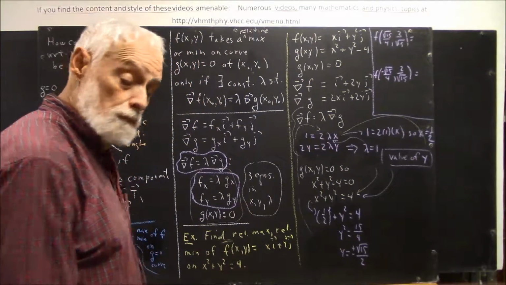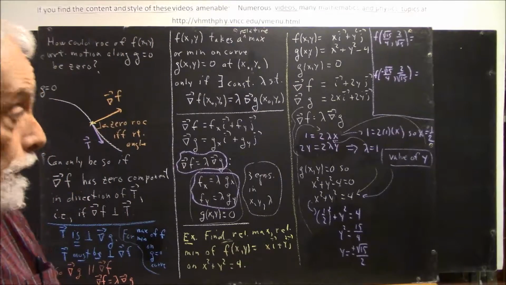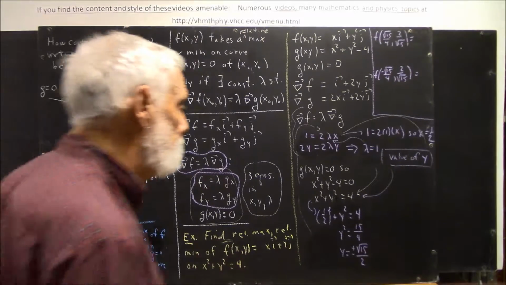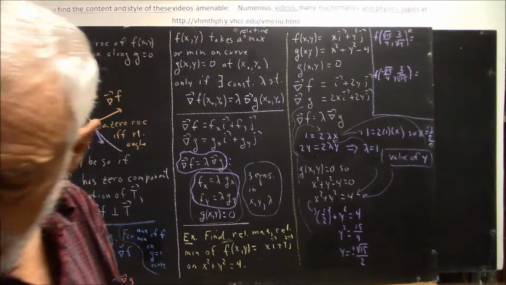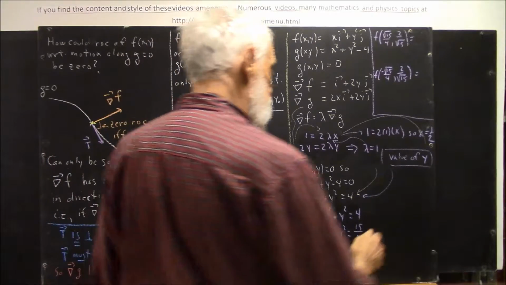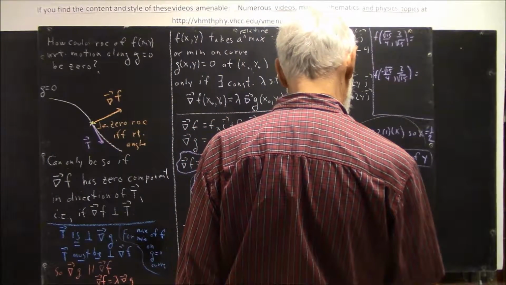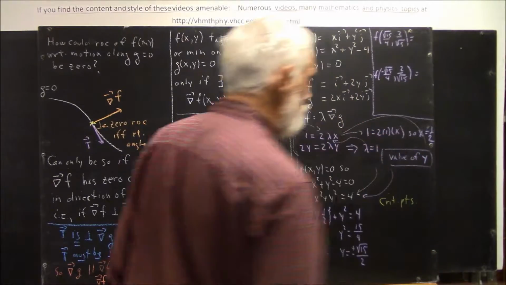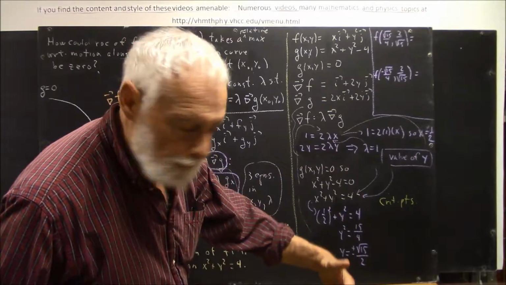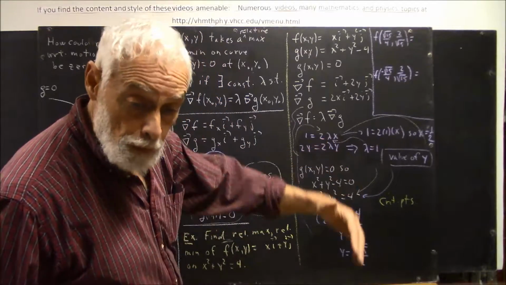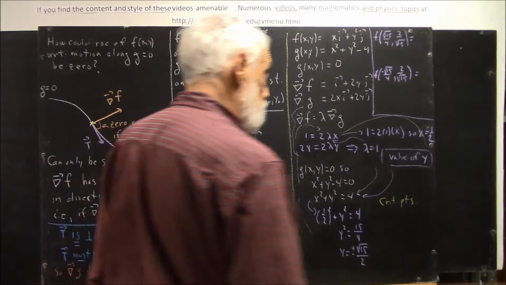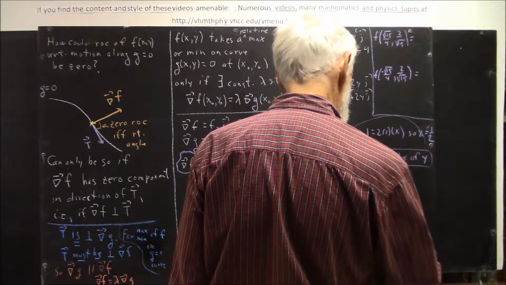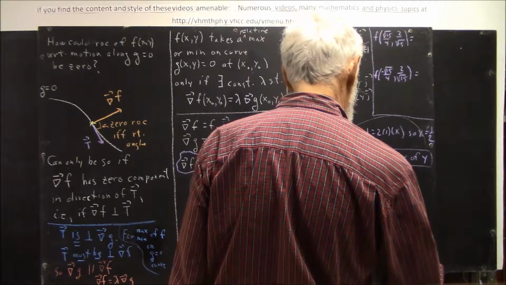Our potential critical points, therefore, are, let's use a different color here. Now these are critical points for the value of f as we move along the curve g equals 0. The critical points are what? X has to be 1/2.